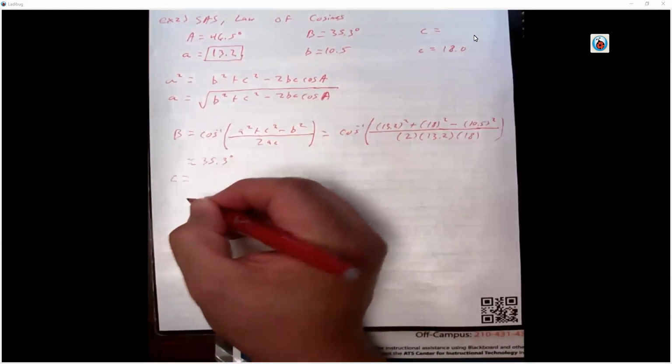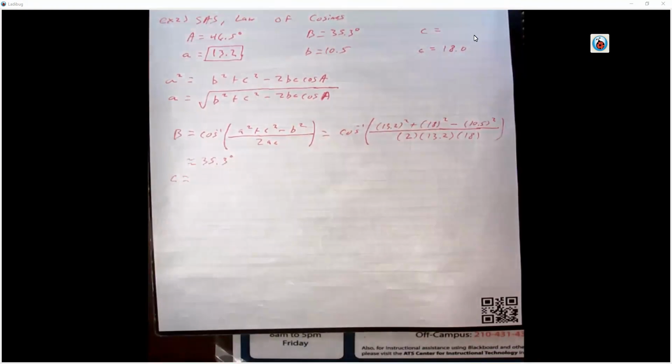So what is capital C? Why don't we try two triangles? It's 35.3, and if we do 180 minus 35.3, and add whatever result we get to the A of 46.5, you're going to get less than 180 anyway.